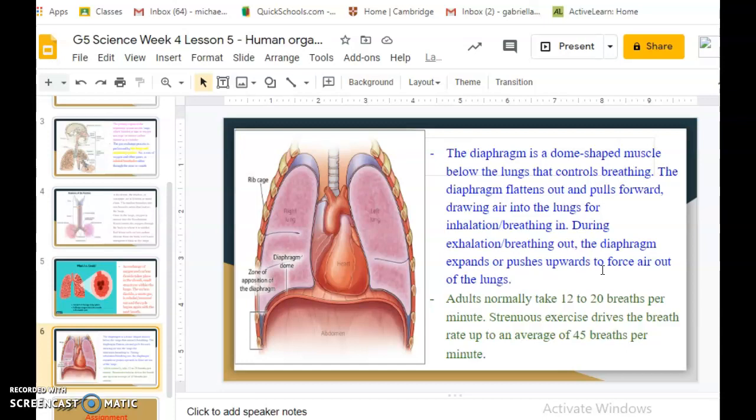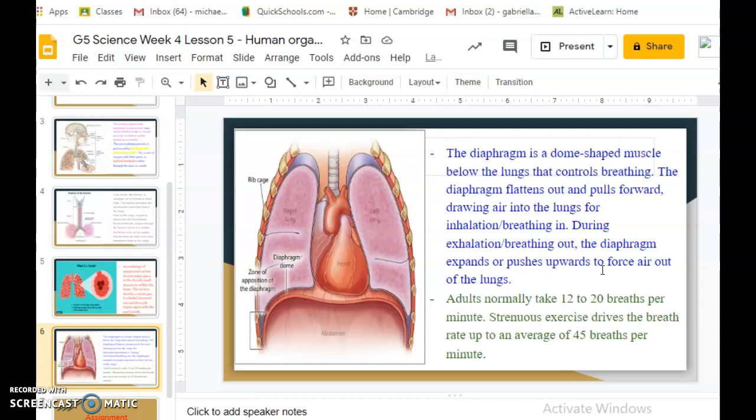Now, adults normally take 12 to 20 breaths per minute. During strenuous or very heavy exercises, the breath rate goes up.